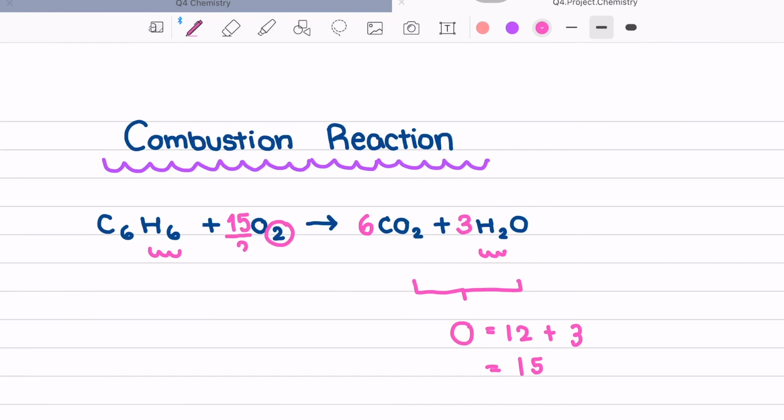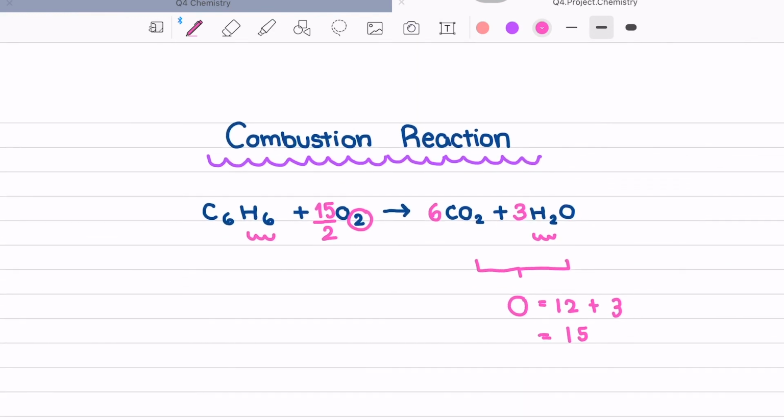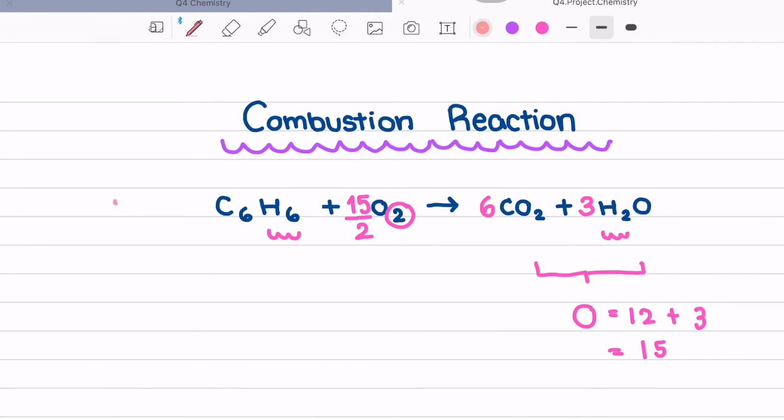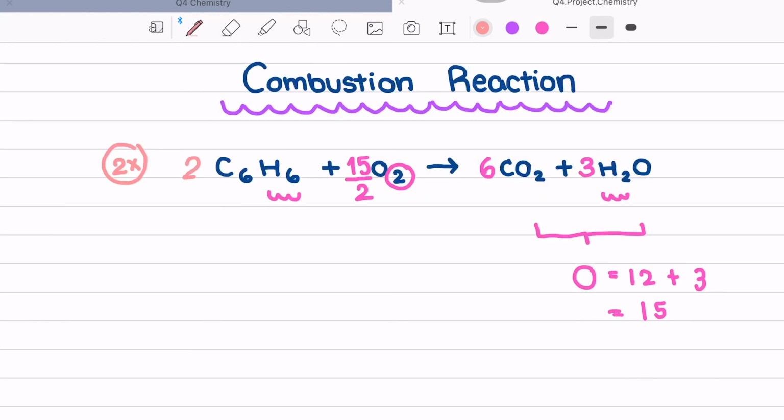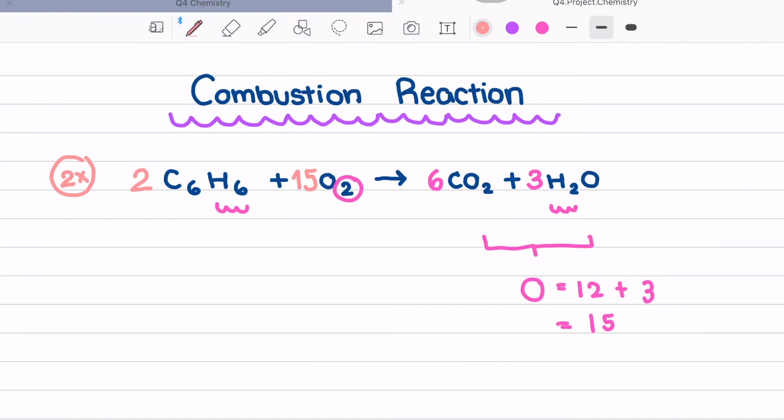The reason I put 15 over 2 here is that when I times 2 to the whole reaction, the number of O will be equal. So now I'll have to put 2 here. After that, oxygen over here, 15 over 2 times 2 will be 15. And for the product side, 6 times 2 would be 12. Lastly, H2O is 3 times 2 becomes 6.